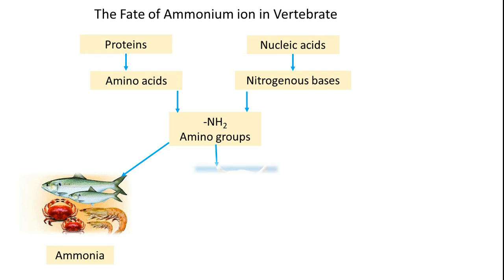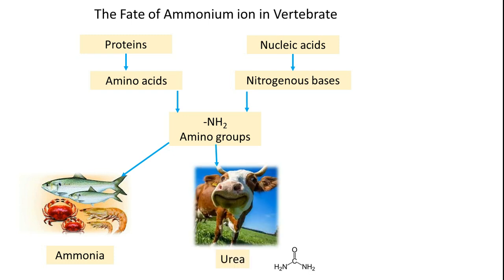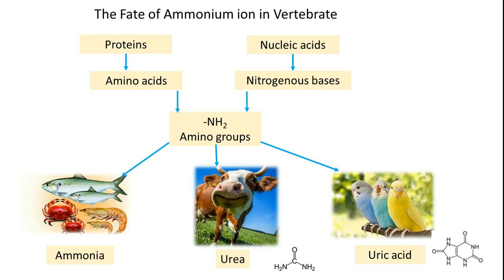In higher animals, the amino group is eliminated as urea. And in birds, the avian section, the nitrogen is eliminated from the body majorly as uric acid. So this is how the amino group is eliminated.